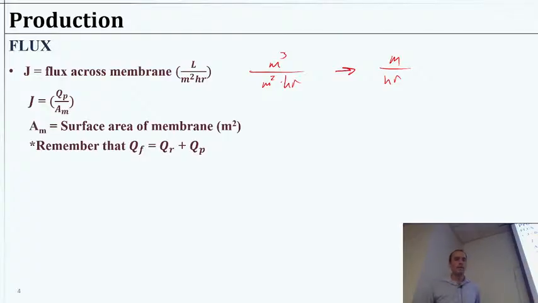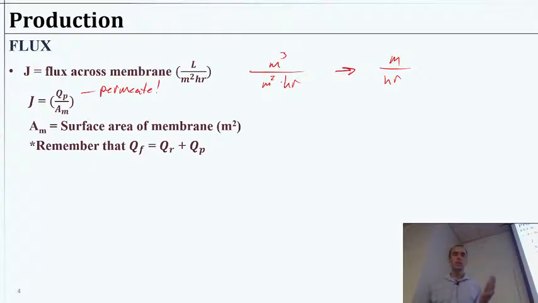Okay, so we could also describe this as J equals QP, the Q permeating, the Q that's making it past the membrane, divided by the surface area of the membrane. And keep that in mind. If we are doing the filtration, we have to use the flow that is making it across the membrane for the flux, because it is flux across the membrane.